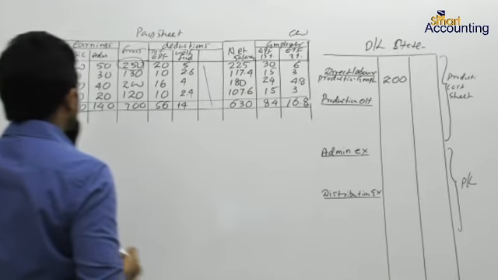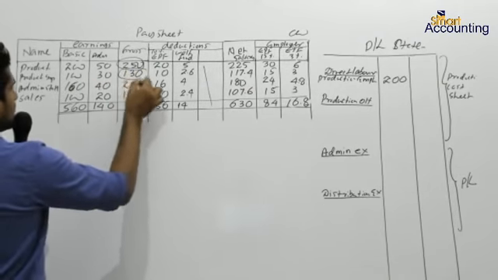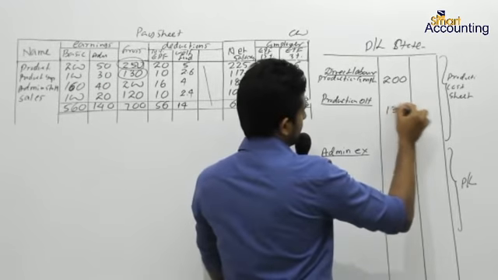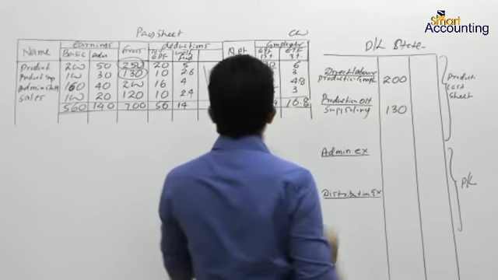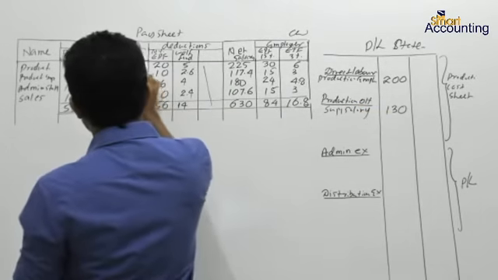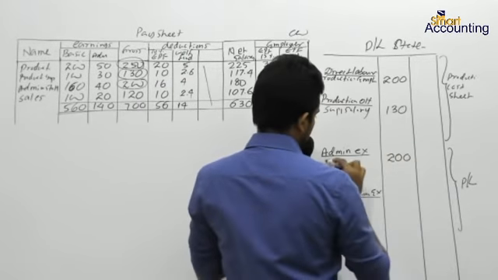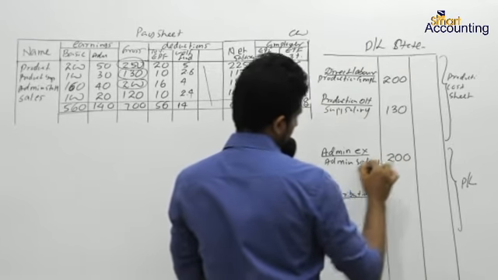When you take the production supervisor's salary, this should come under production overhead. When you take the salary of the administrative staff, this 200 should come under administrative expenses. Administration salary.